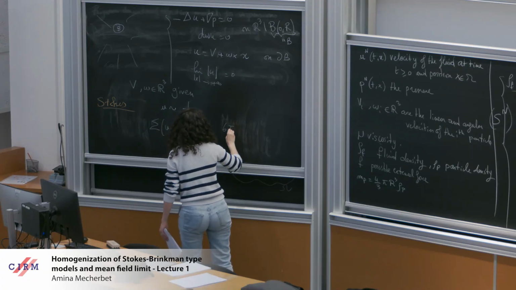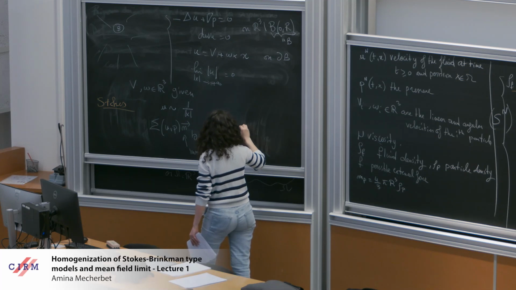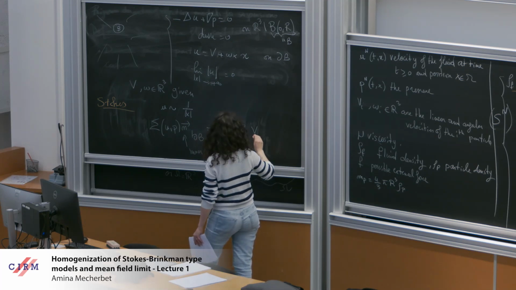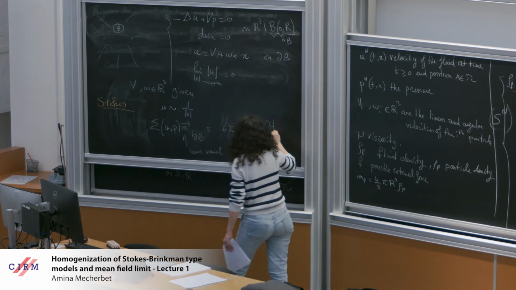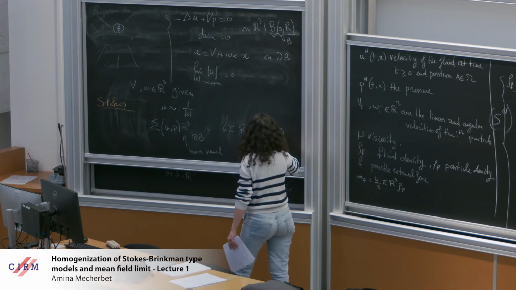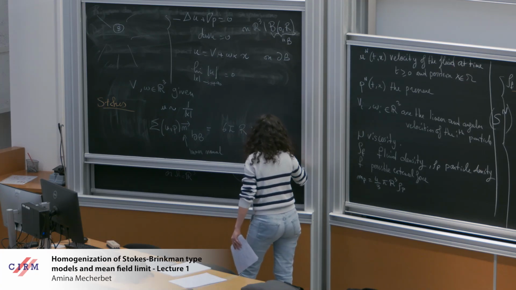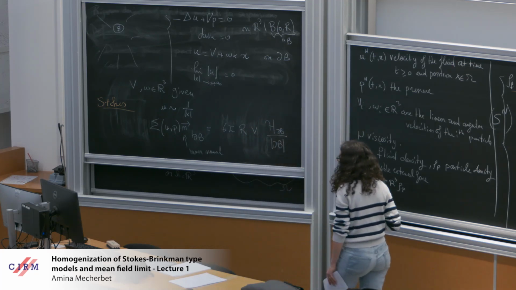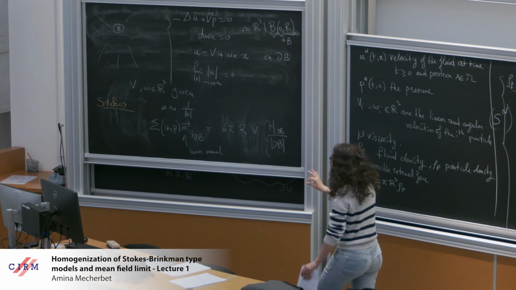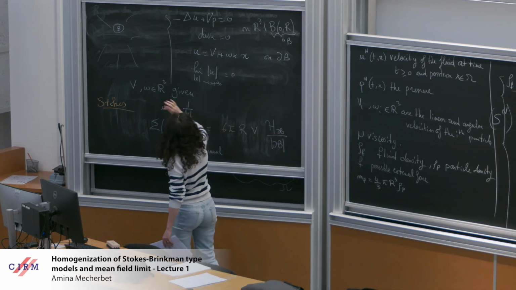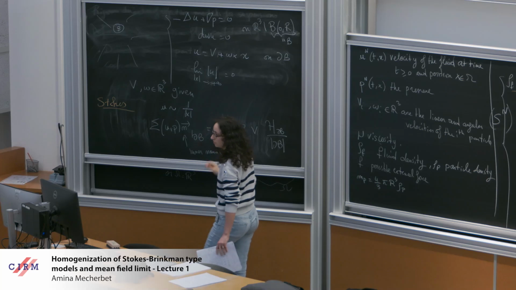And he proves that it is given by the famous 6πR V times the Hausdorff measure on the sphere, which is renormalized. Yes, so V and omega are fixed and given.